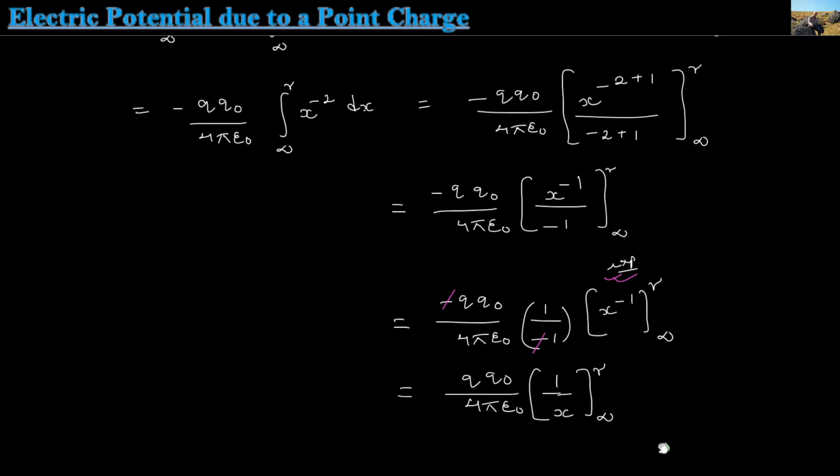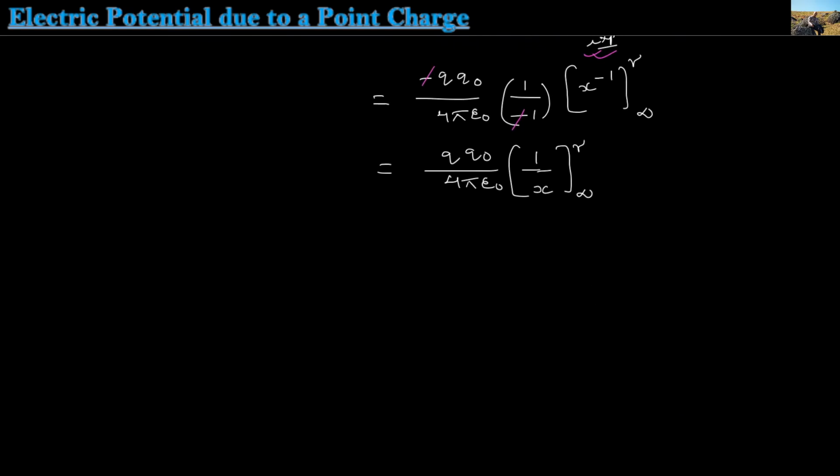As we keep on solving, we will reduce to a simplified expression. At the upper limit, in place of x you put r, then minus, in place of x you put infinity, which is your lower limit.